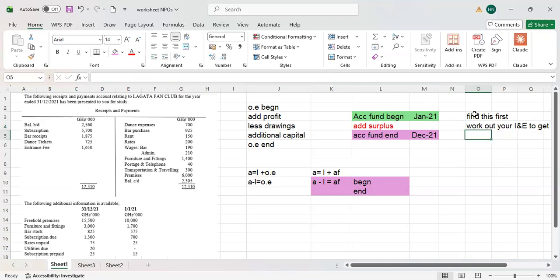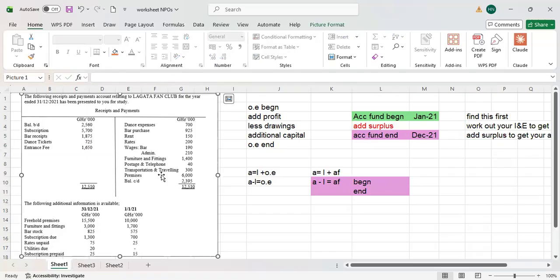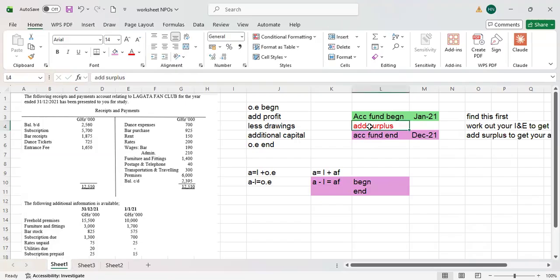And then you add surplus to get your accumulated fund at the end. All right, so we're going to use this to find our accumulated fund, and then once we work out our surplus, we add it to get our accumulated fund.